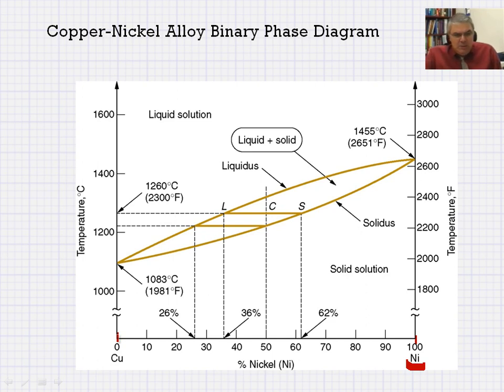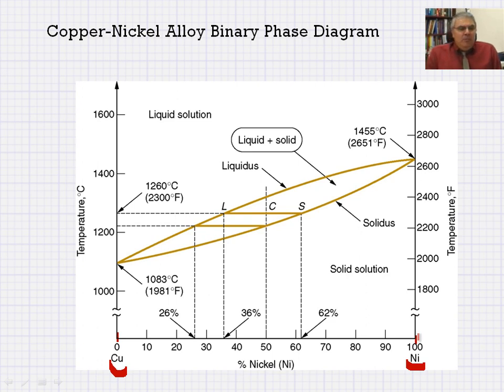However, one should not be confused, because down here it shows the percent nickel. So when we're talking about percent nickel in this case, we may have another diagram that shows a percent copper, but since this diagram shows a percent nickel, at this point there's 0 nickel, which means 100% copper, and at this point is 100% nickel.